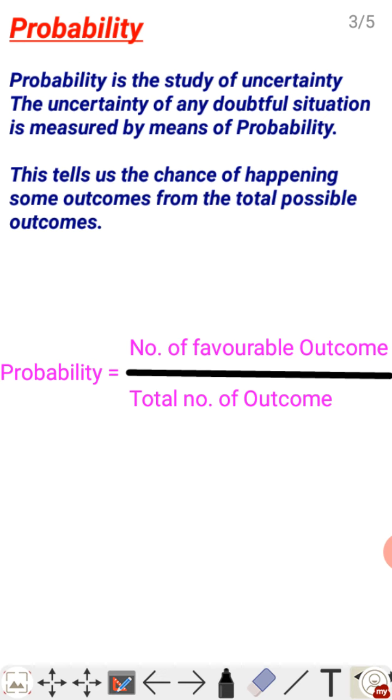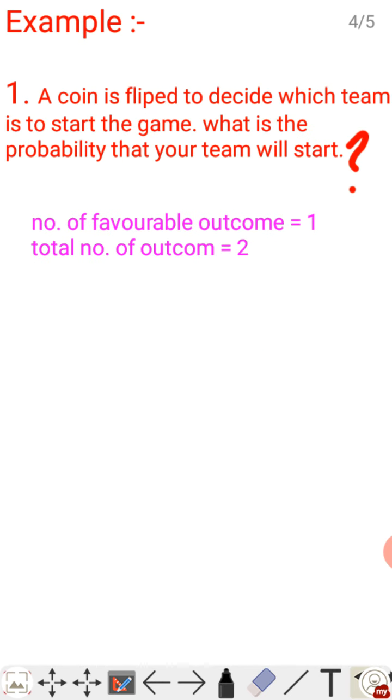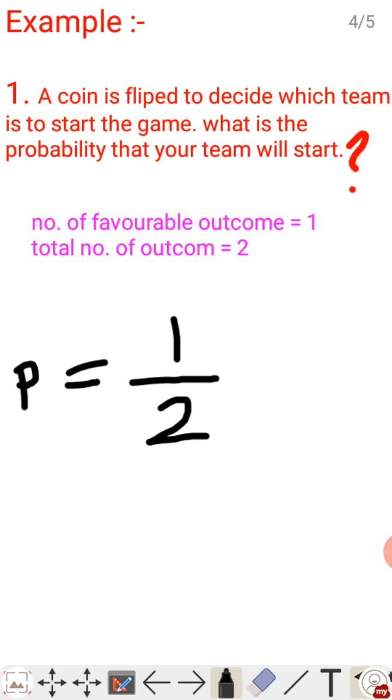What is our formula? The probability is the number of favorable outcomes upon the total number of outcomes. Putting the values in, we get P for probability equals the number of favorable outcomes, which is 1, upon the total number of outcomes, which is 2. So we get our probability to win the toss as 1 upon 2.